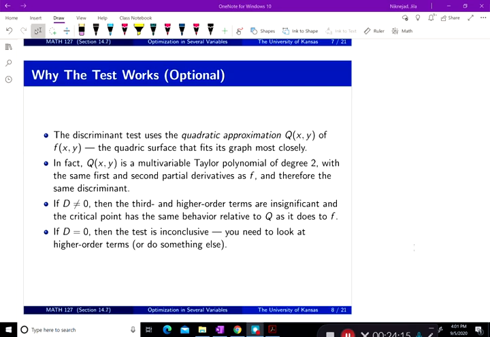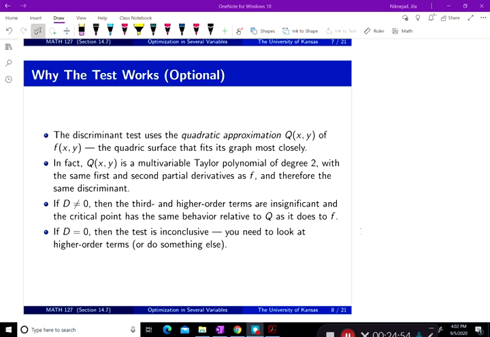So when D is not 0, the higher orders of the Taylor polynomial are insignificant, and the critical points behave according to that degree 2 polynomial, which best fits the approximation.